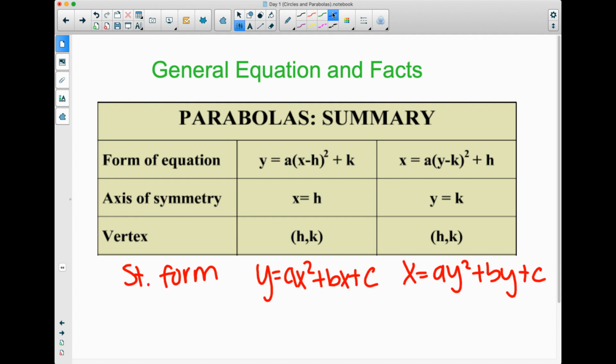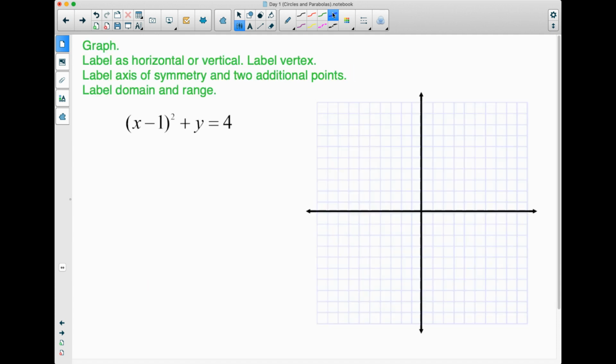All right, so let's fill in our first example on there. We're going to do just a good old vertical. All right, how do I know automatically that that's a vertical parabola?